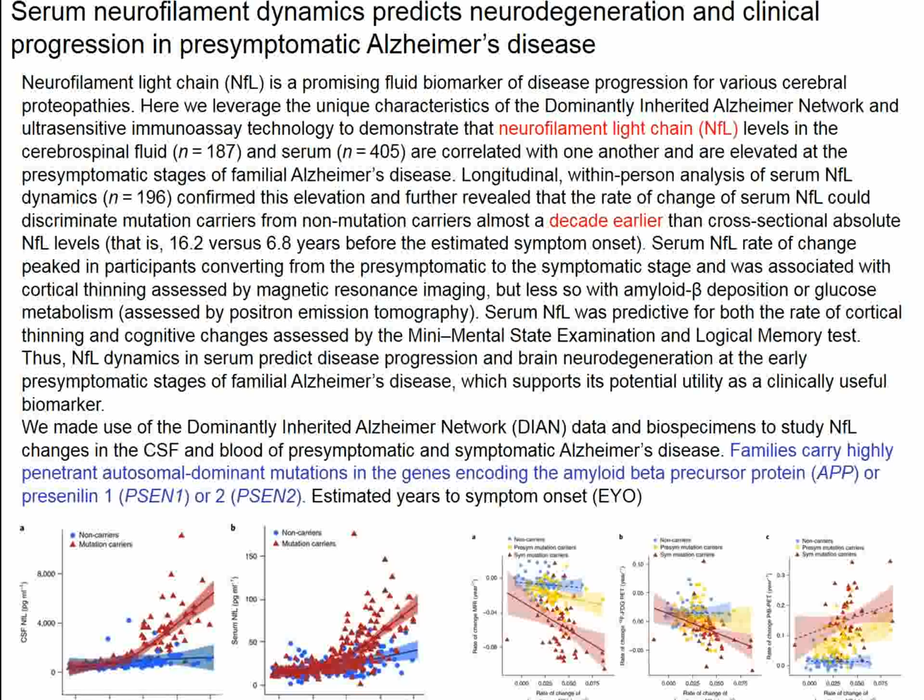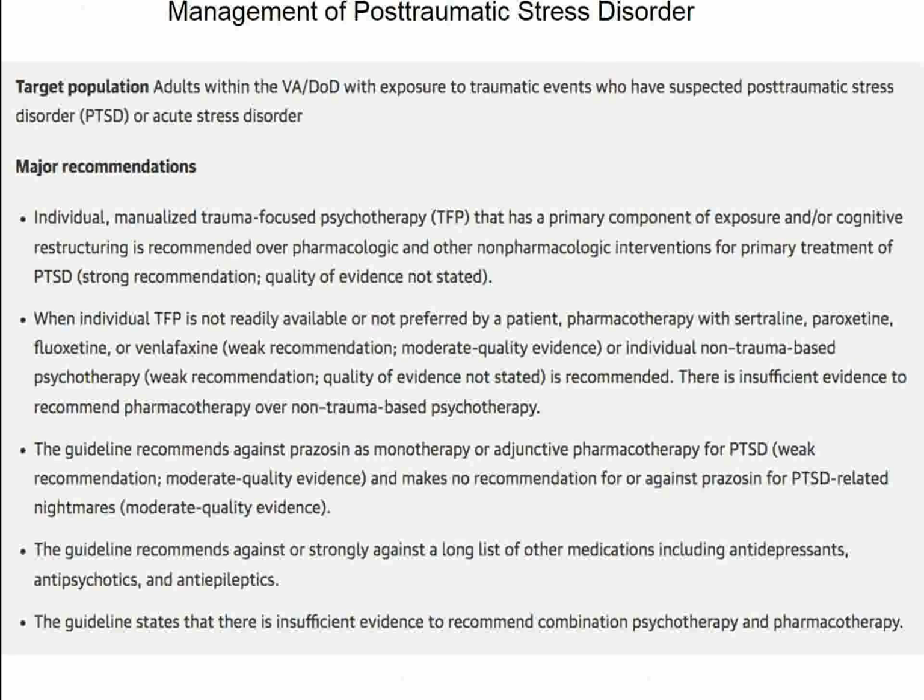Well, I think that's nice, but does this have any meaning for Alzheimer's disease in the general population, where the patients are going to be 15 years older, have diabetes mellitus, hypertension, cancer, whatever old people have? And I'm not so convinced. And neurofilament light chain seems to go up in a host of neurodegenerative disorders. So if this is going to be a fantastically successful test, I'm not certain.